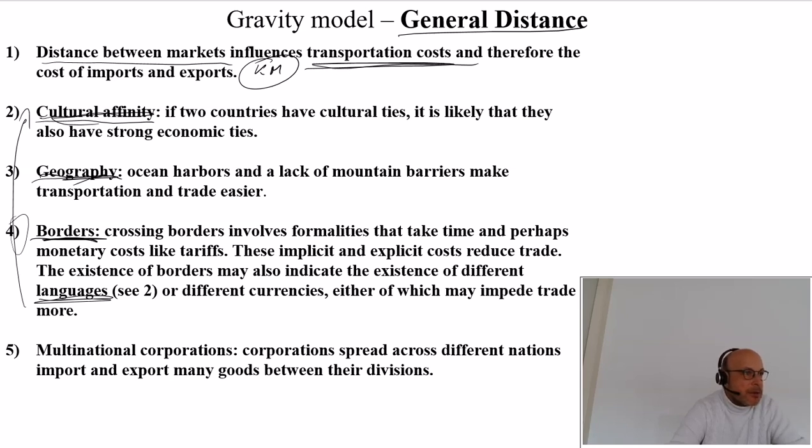And of course, also they are talking more or the same language. And this is also not very surprising that then it is easier to trade with each other when the countries have a so-called cultural affinity.